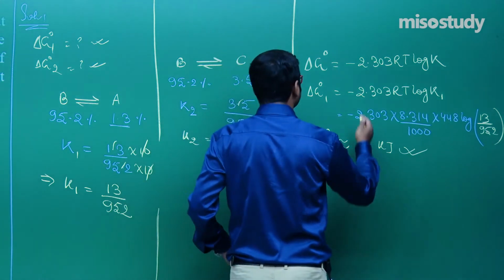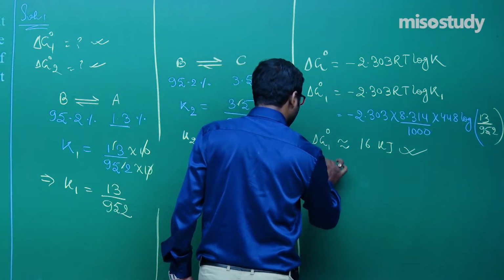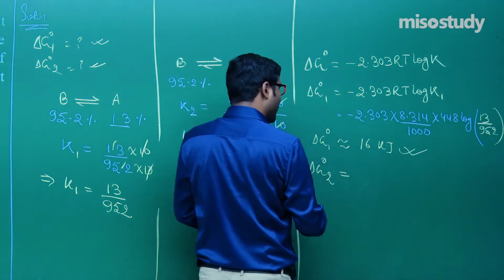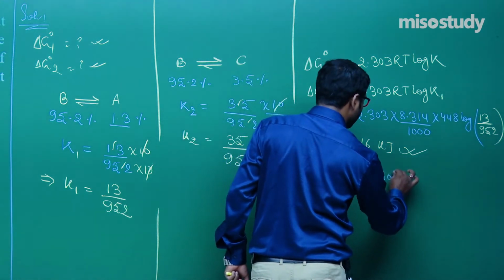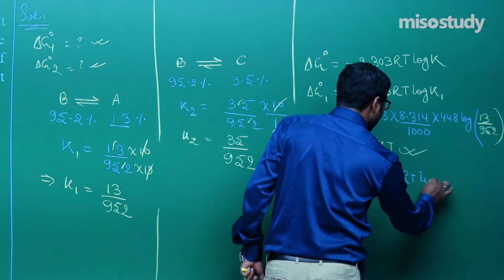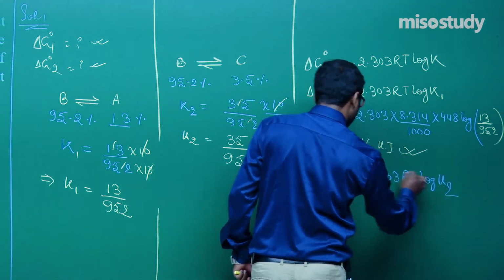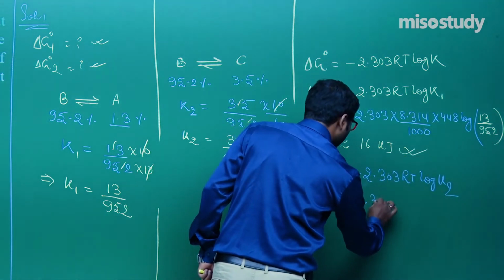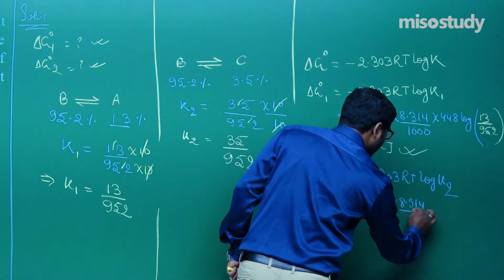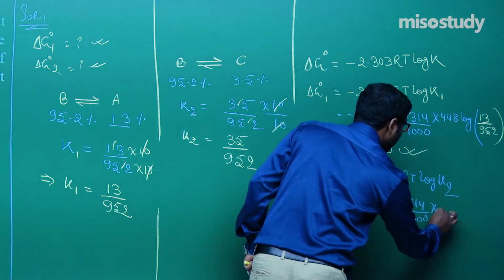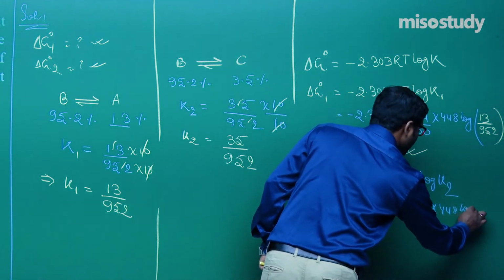Clear? Per mole. Now, if anyone asks you what is the value of delta G2, we know delta G2 is equal to minus 2.303 RT log K2. Now put the value: 2.303 into 8.314 divided by 1000 multiplied by 448 log.